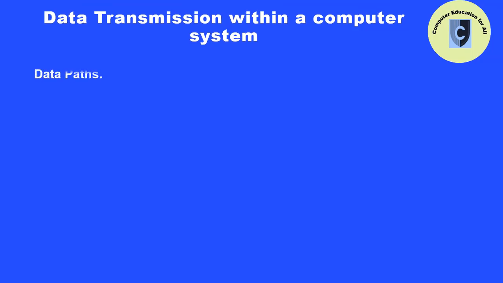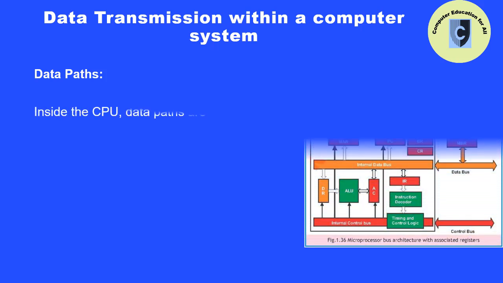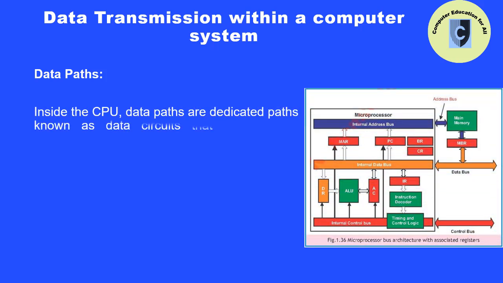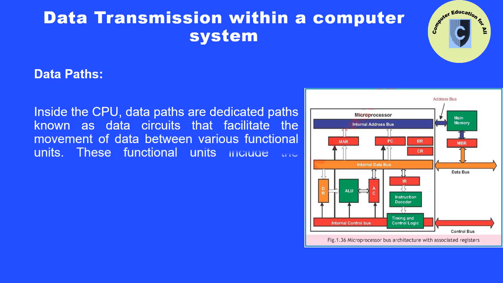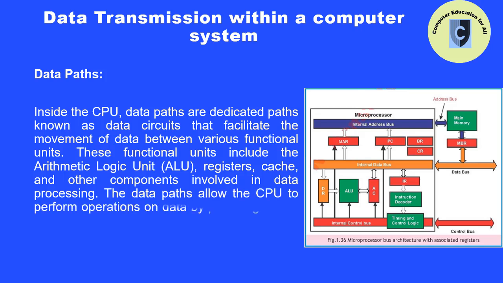Data paths. Inside the CPU, data paths are dedicated paths, known as data circuits, that facilitate the movement of data between various functional units. These functional units include the arithmetic logic unit, ALU, registers, cache, and other components involved in data processing.